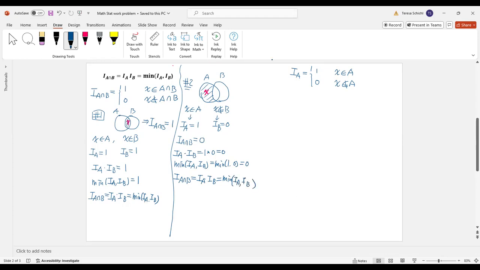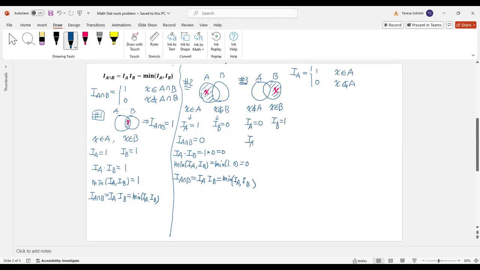All right, situation number 3 is just like situation number 2. Right now I'm considering this part. If this is my x, we can do the same thing. x is not in A, but x is in B. So IA is going to be 0, and IB is equal to 1.